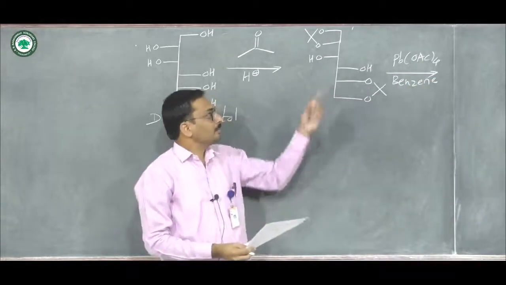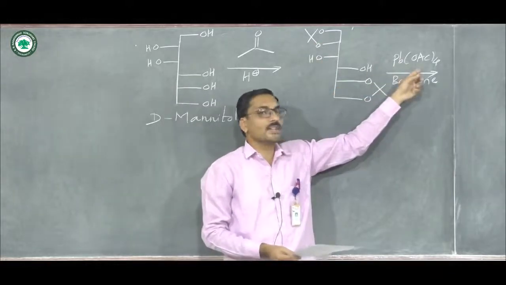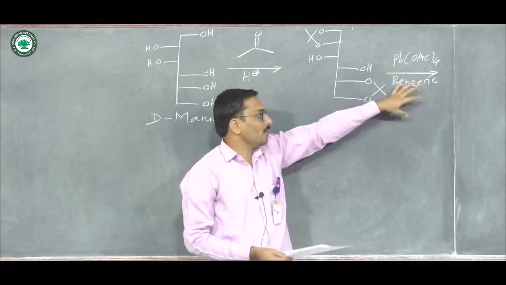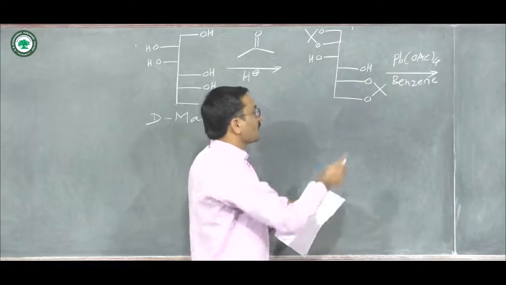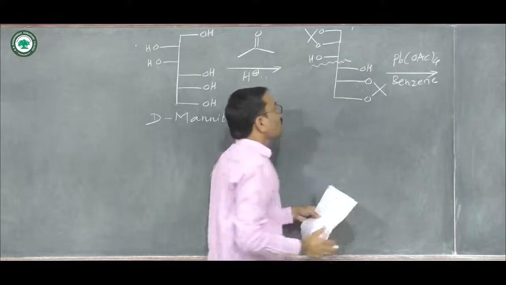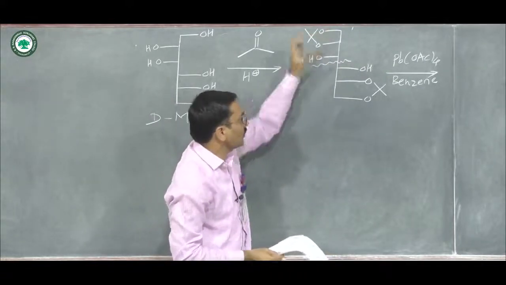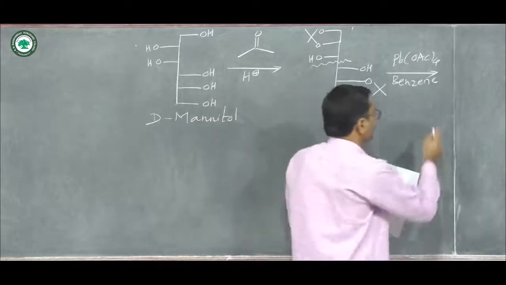In the next step, this protected diol is allowed to react with lead tetraacetate in presence of benzene. In this step, this bond undergoes cleavage and there is formation of the corresponding aldehydes.